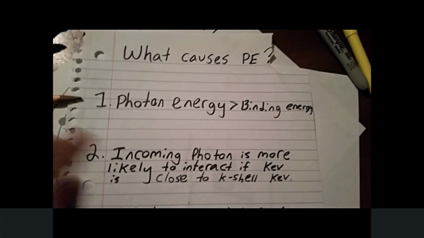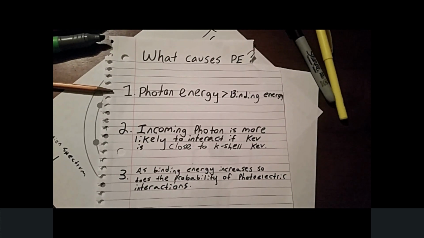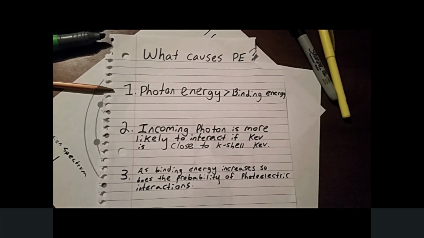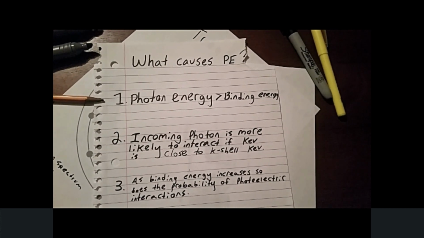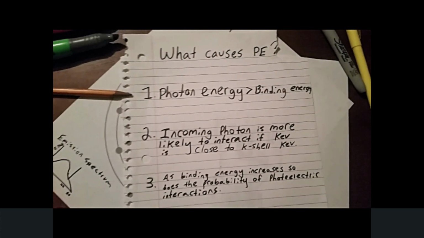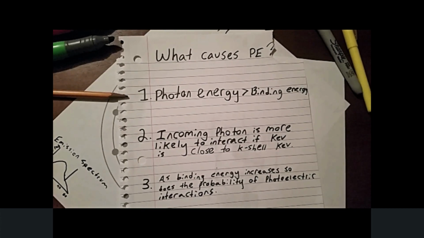Okay, so moving on, we will go to what causes photoelectric. There are three important things to remember. Photon energy must be greater than the binding energy. A good example would be barium.